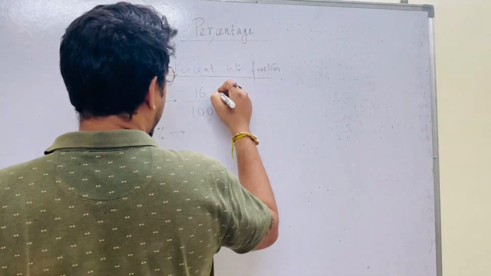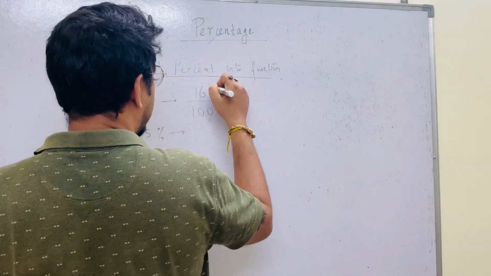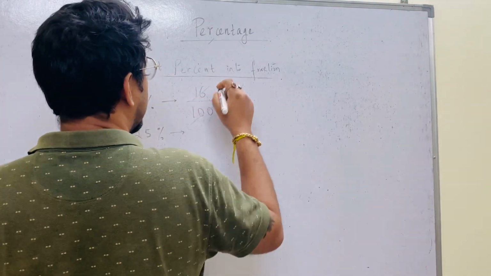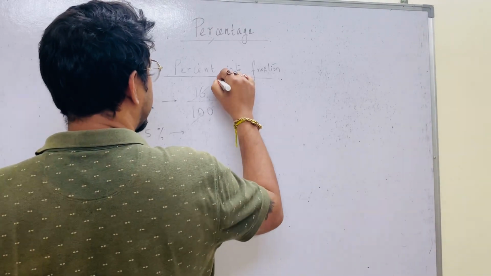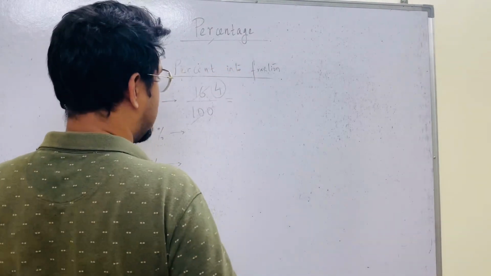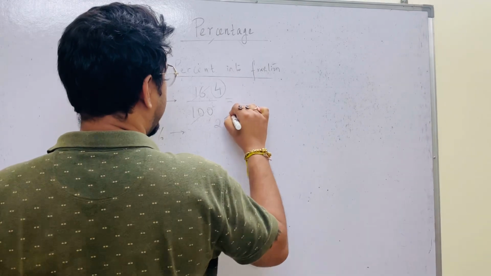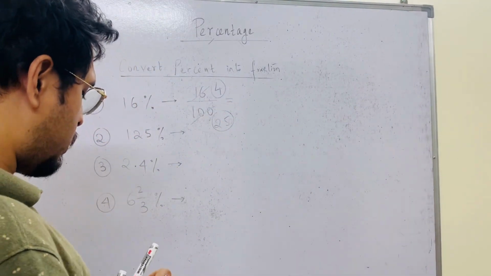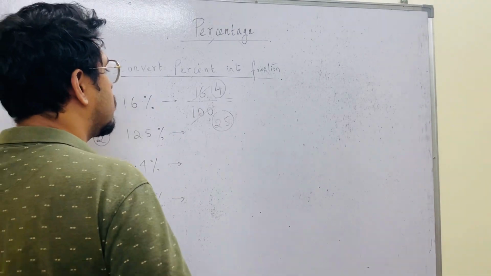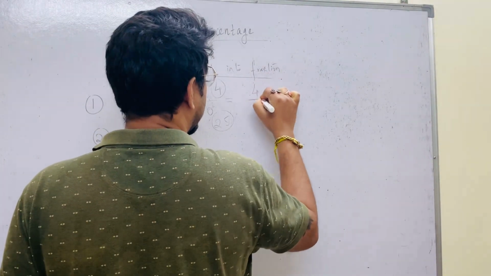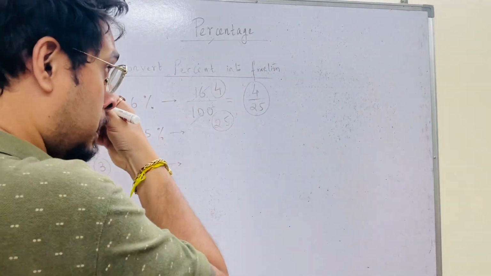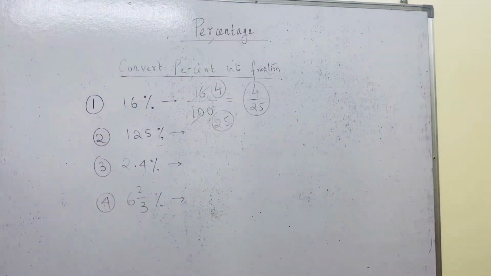We can divide both by 4. 4 times 4 is 16 and 4 times 25 is 100, so the answer is 4 over 25.